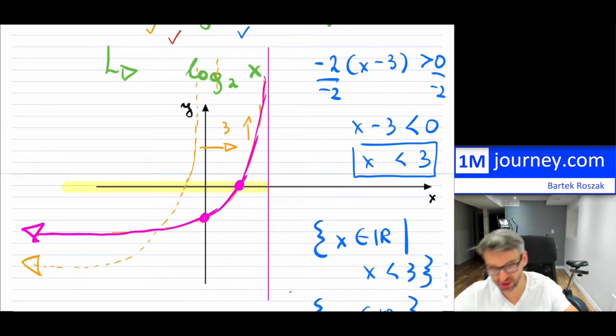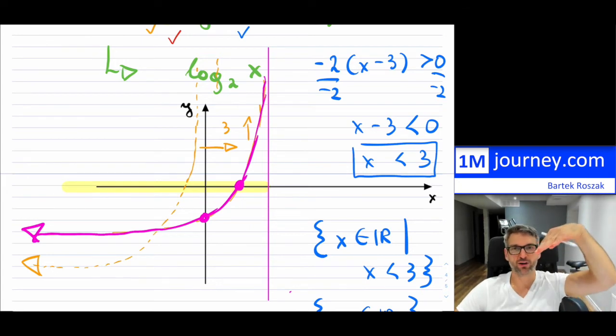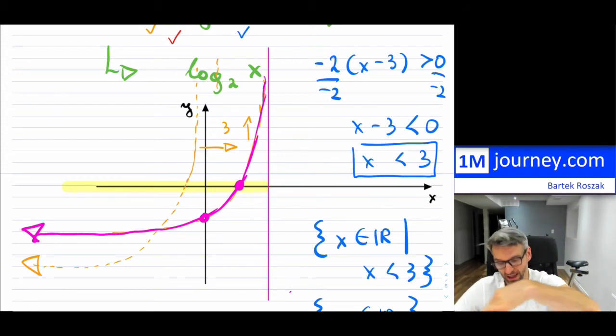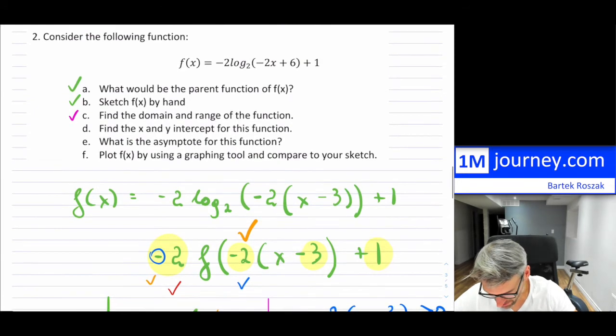Now, it looks like it tails off here and might be approaching something, but logs just grow at a very slow pace, because remember, it's an inverse of the exponential, so it's just going to grow at a much slower pace. But it still has a range of all the values. And so that's my domain and range.